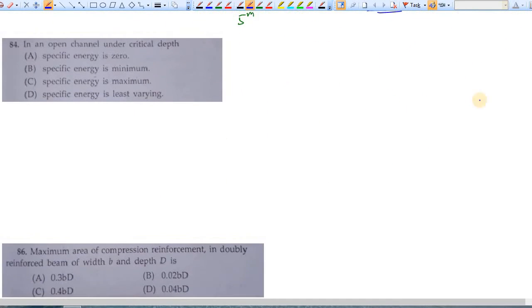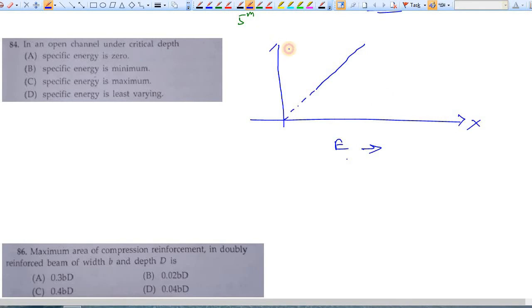Next is, in an open channel under critical depth, what is the condition of specific energy? Well, this has been repeated again in 2016 also. So the specific energy, let's say, is expressed on the x-axis, and this is the depth y. So the curve looks like this.